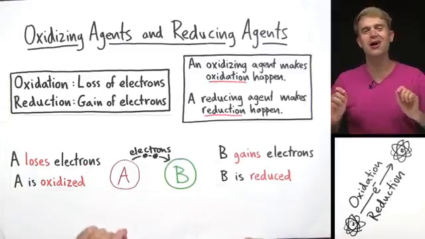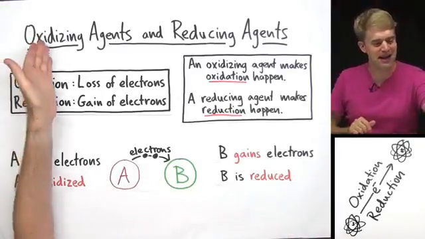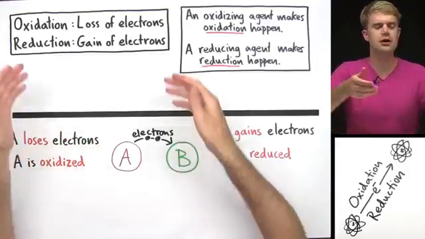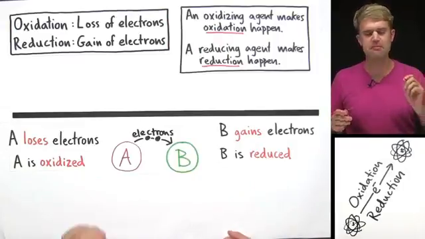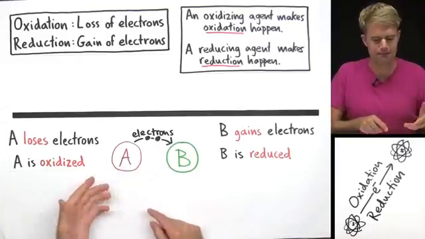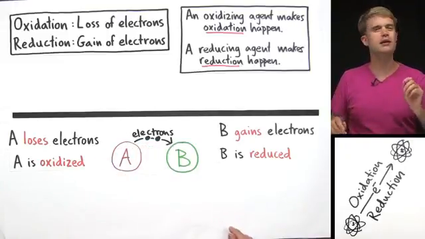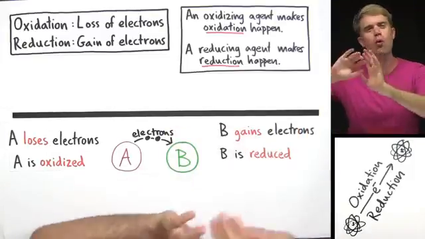Okay, so let's talk about the things that something would have to do to make oxidation happen, and to make reduction happen. Let's start with oxidation. What does something have to do to make oxidation happen? Well, take a look at this diagram. Here we have A, it's being oxidized, it's losing these electrons. But it's really important to remember that atoms can't just throw away electrons.